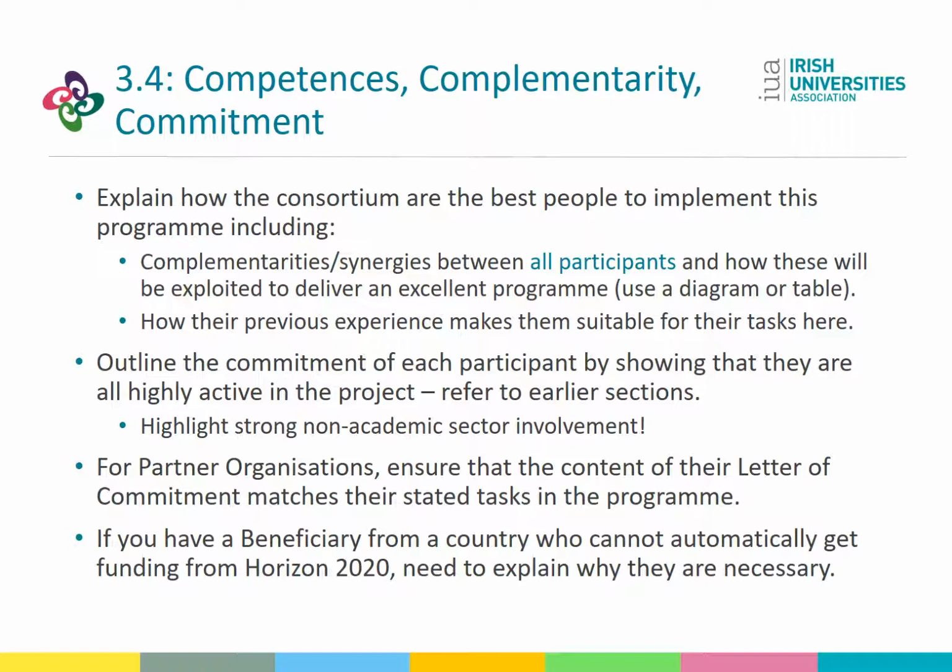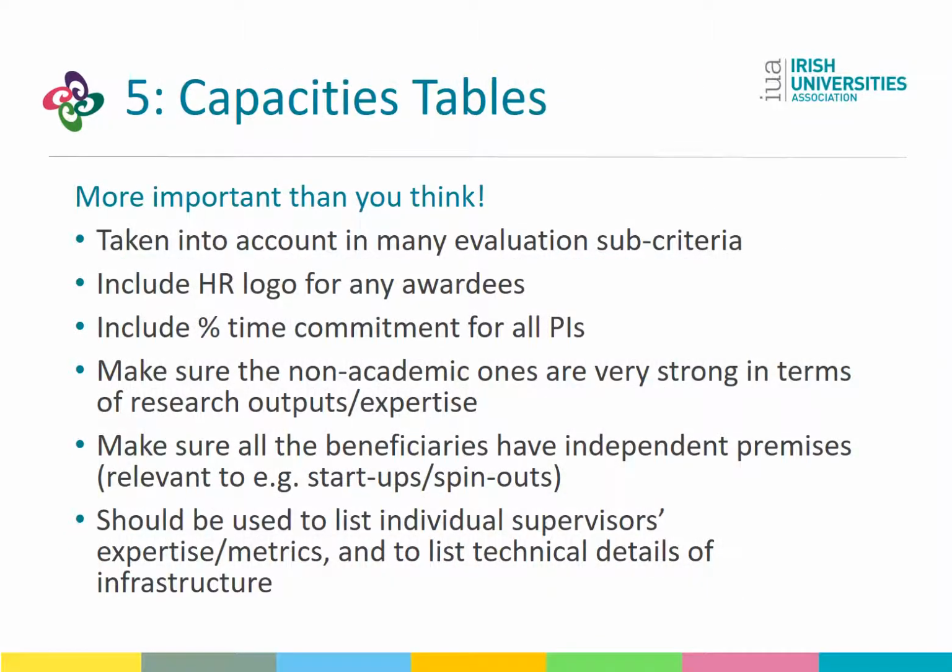For partner organizations, ensure that the content of their letter of commitment matches their stated tasks in the program. And if you have a beneficiary from a country that cannot automatically get funding from Horizon 2020, you need to explain why they are necessary. So this is the end of the implementation section.